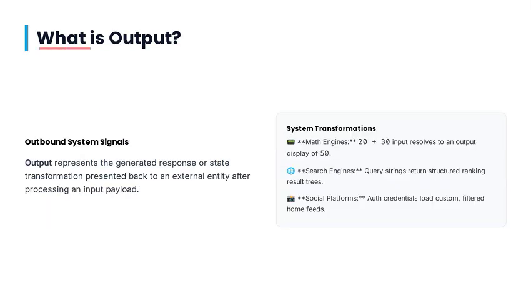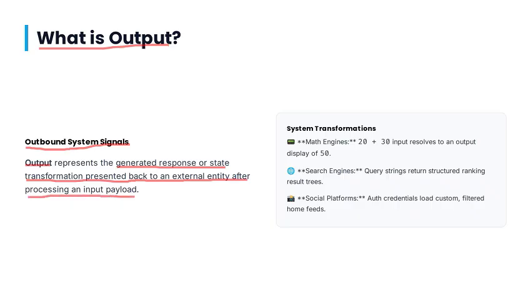Then comes what is output. When we give an input, after processing they return an output, and that is known as output. The result we get after processing is known as output. Outbound system signals. Output represents the generated response or state transformation presented back to an external entity after processing an input payload.